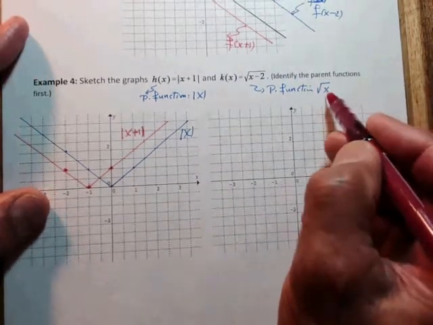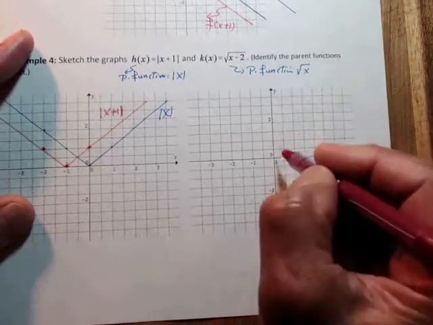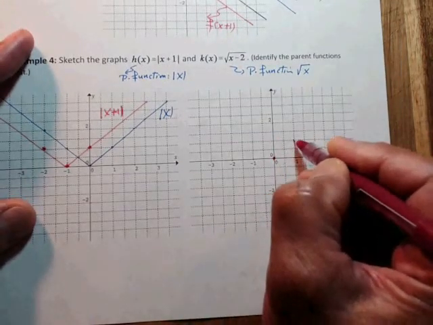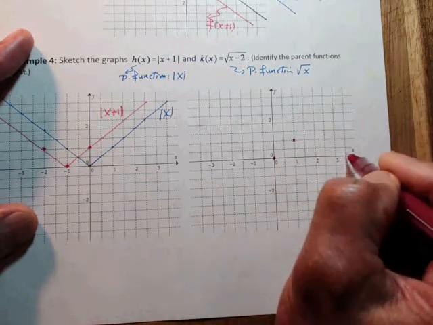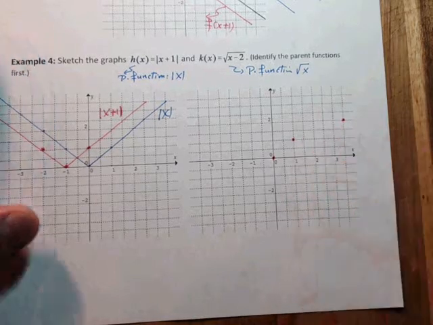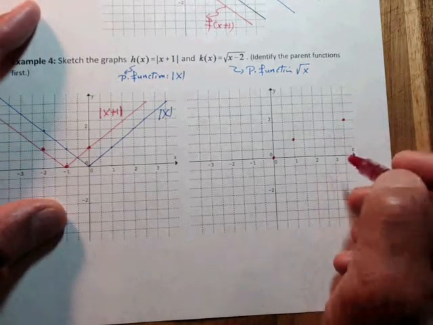Your parent function is the square root of x, as you did for the previous example. Square root of x goes through 0, 0, 1, 1, and 4, 2. My units are a little bit different from the previous example.